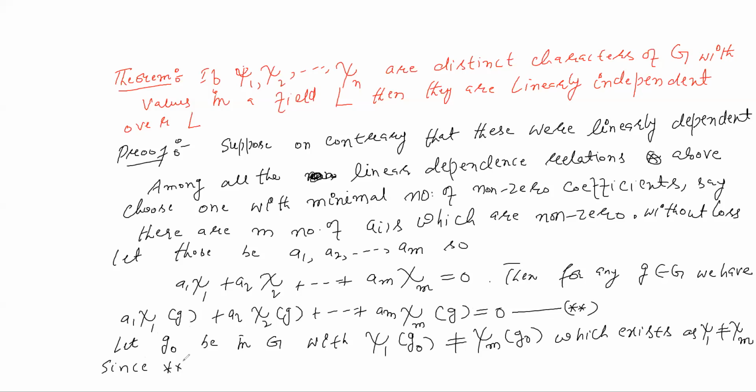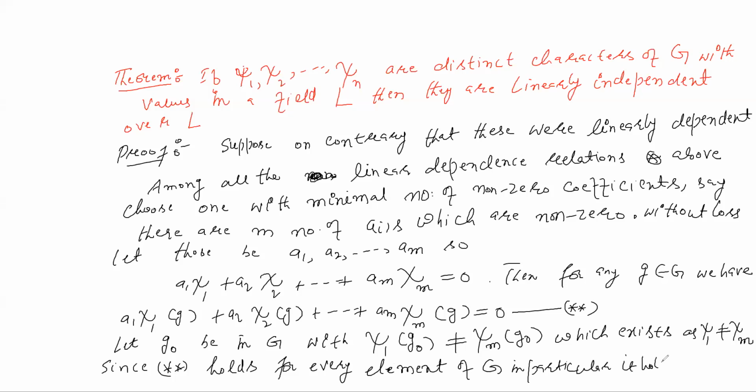Since the equation double star holds for every element of G, in particular it holds for this element g naught g, which is also an element of G. Okay, so then what happens?